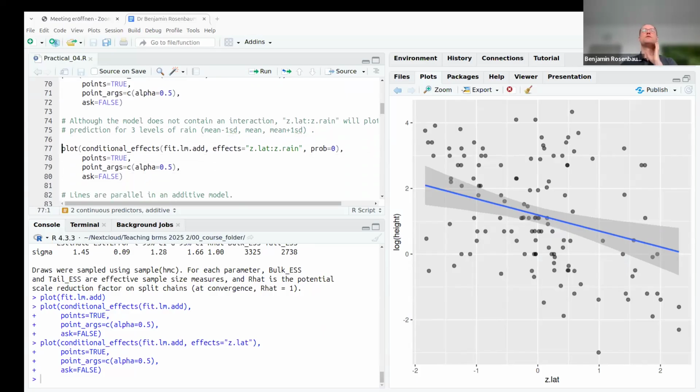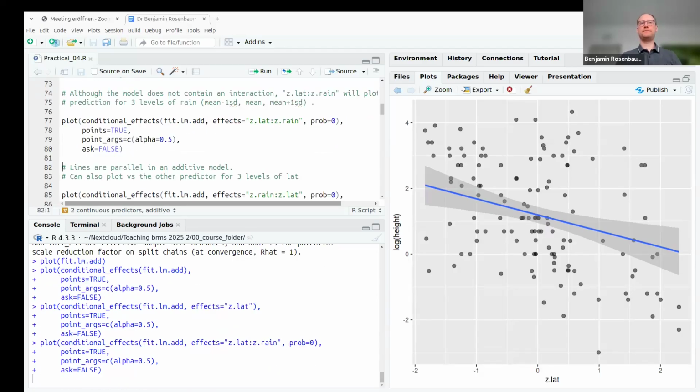You can also choose to plot this for different levels of the second predictor by specifying predictor 1 and the interaction with predictor 2. We know there's no interaction effect in the model. This is just a notation for saying, okay, I want to plot also the effect of the second one.